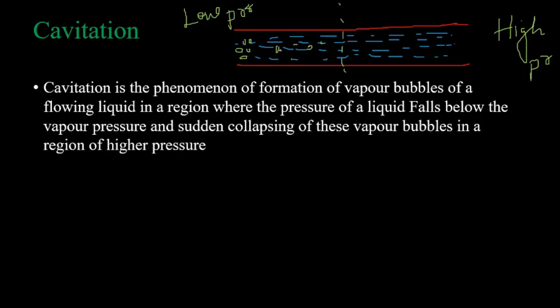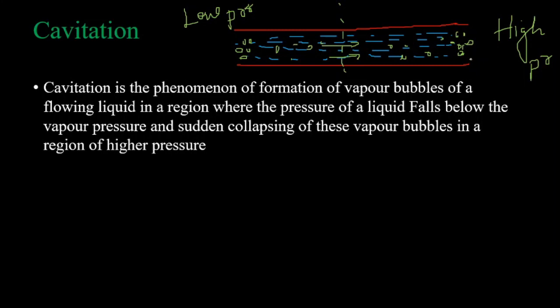Okay. When these vapor bubbles are transferred to high pressure, what happens? It will collapse. It will destroy itself. When the vapor bubbles come from low pressure to high pressure, they will collapse.